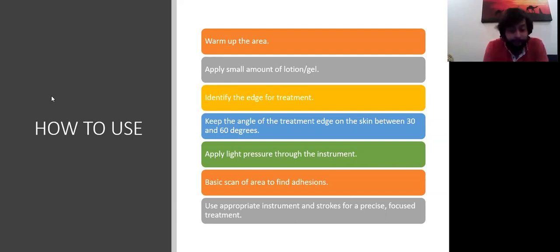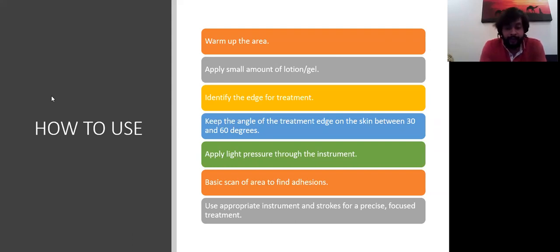After that, apply a small amount of lotion. Don't just fill the patient with lotion or gel. A little amount of lotion, and then try to give gentle strokes. Identify the edge of treatment. It is the most important thing, which part you are basically treating. So if the part is bigger, then obviously I will use a bigger curve to treat the part.